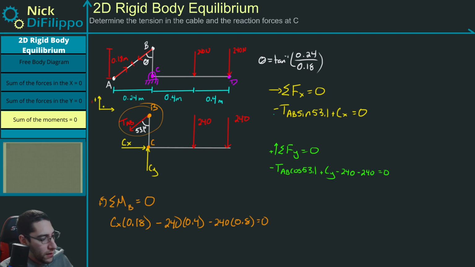We are going to get minus 240 times 0.4, then minus 240 times 0.8, and then we're going to bring it to the other side of the equation, so we can multiply that by a minus 1, and divide by 0.18. And here we get Cx is equal to 1,600 newtons.